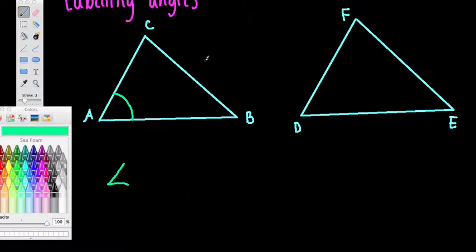So to label this angle, the letter where the angle is actually situated has got to be in the middle, and I use the other two letters, so three of them all together. So start at one end of the angle, then I write the vertex where the angle is situated, and then I write the other remaining vertex. So this one here is angle CAB.